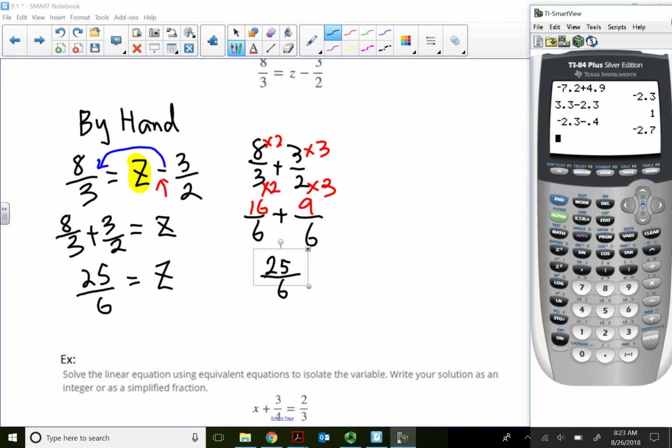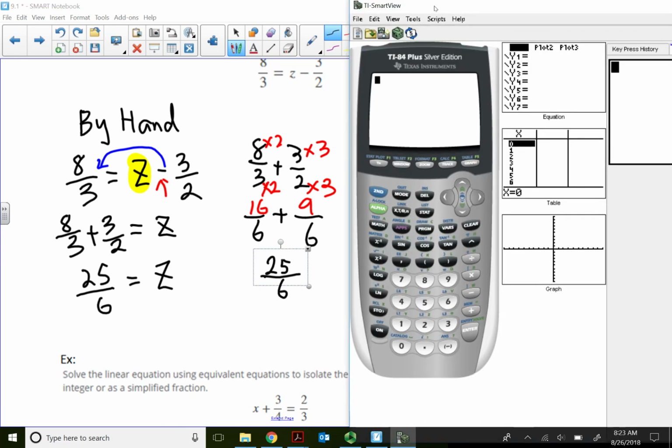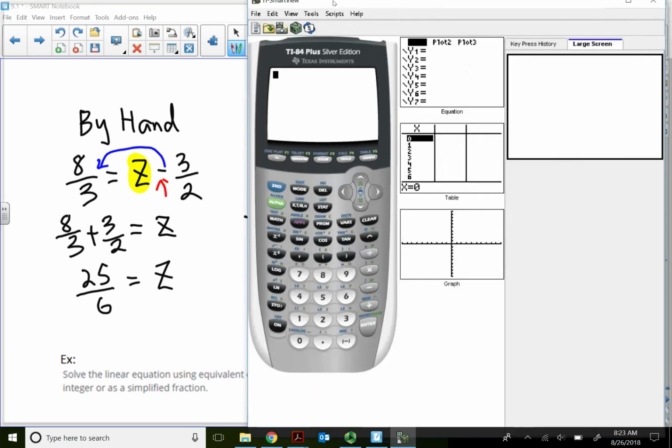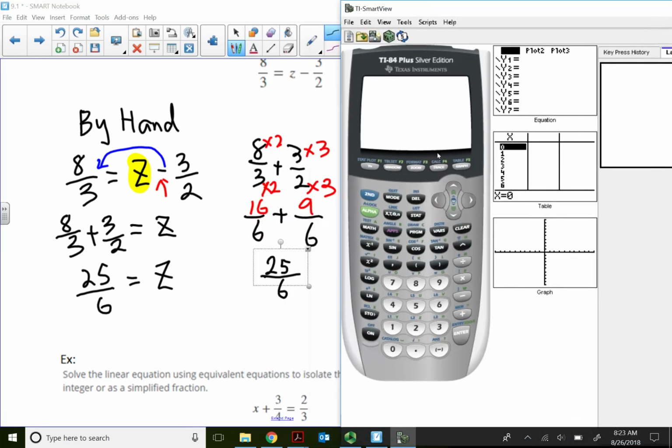So calculator, real quick. For calculators, what we're really working on, what we really key in here, is the operation of fractions. So make a good habit: every time we enter a fraction in a calculator, always start out with a parenthesis.